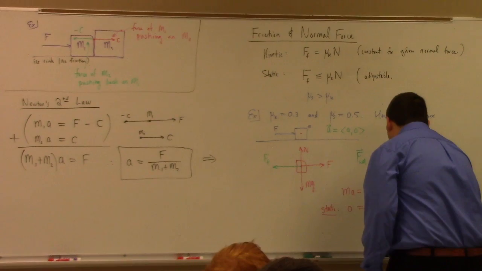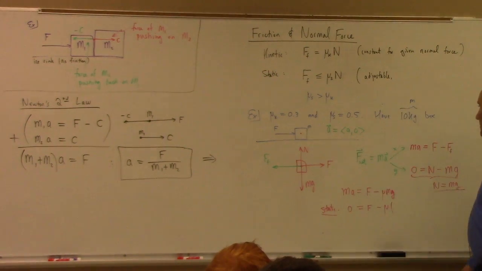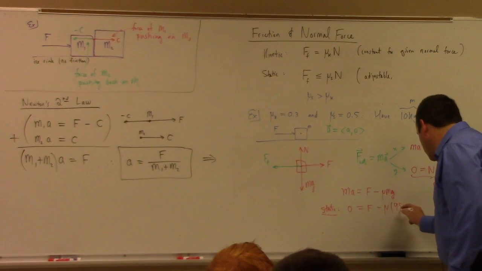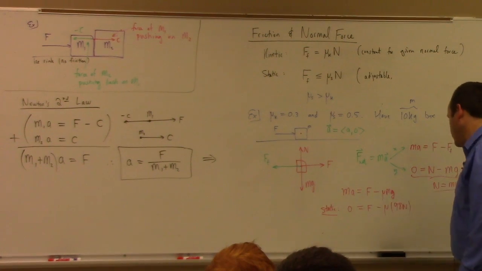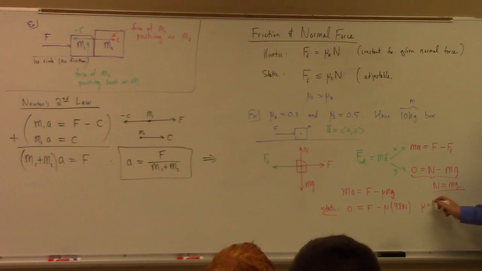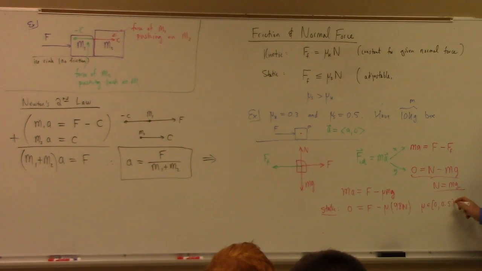What's mg? 98, right? So this mu is a variable. It can go anywhere. It's something in the interval from 0 to 0.5, right? It's a constant somewhere in that interval.